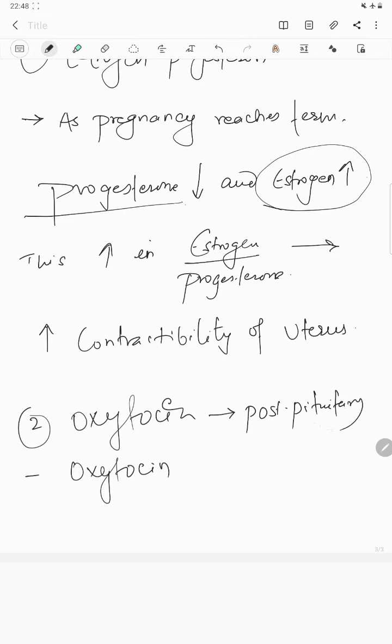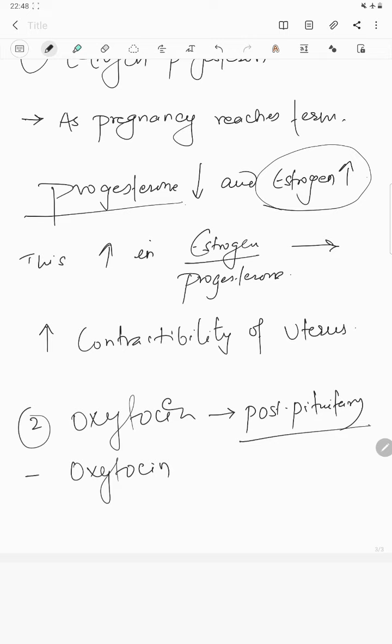Now if you don't know about production of oxytocin, the mechanism of its secretion, and how it is stored in the posterior pituitary, I will give the link to the video explaining production from the hypothalamus and storage in the posterior pituitary. Please have a look at it.